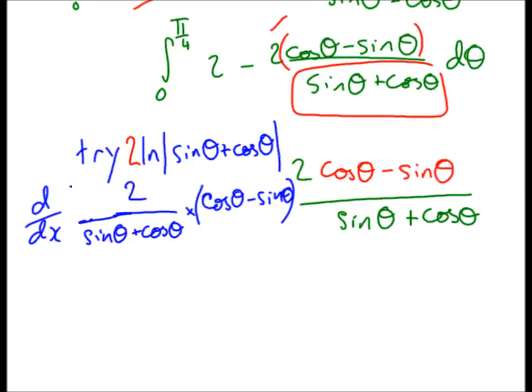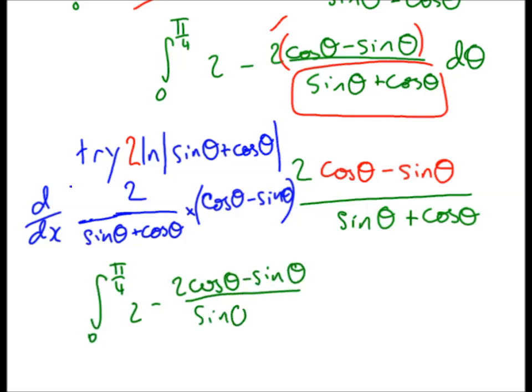So I can now say that the integral of pi over 4 to 0 of 2 minus 2 cos theta minus sine theta over sine theta plus cos theta is equal to, well, when I integrate 2 with respect to theta, I'm going to get 2 theta.